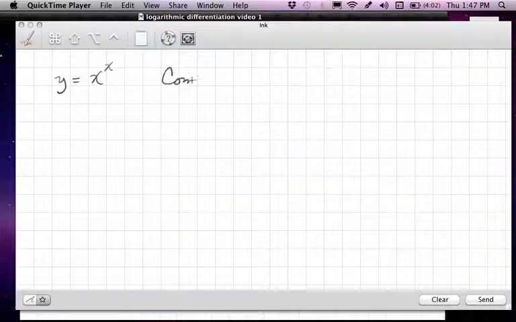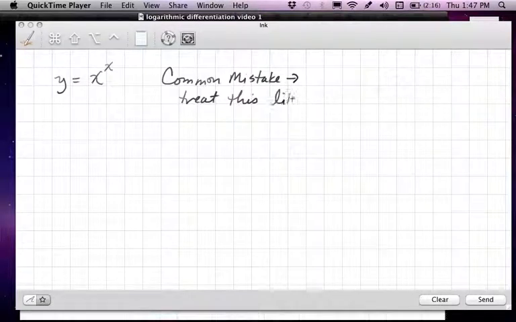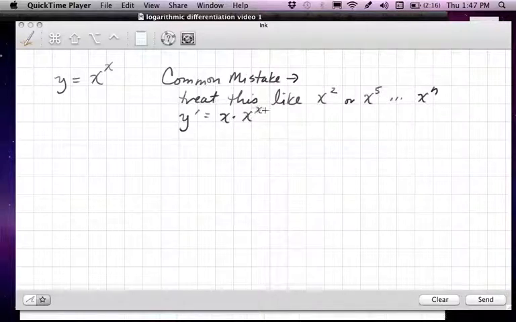A common mistake is they treat it like x squared or x to the fifth, something where it's x to the n, and they'll say y prime is x times x to the x minus 1.